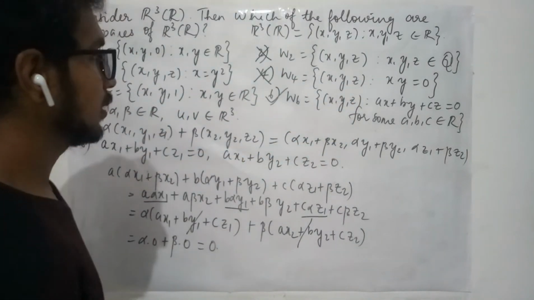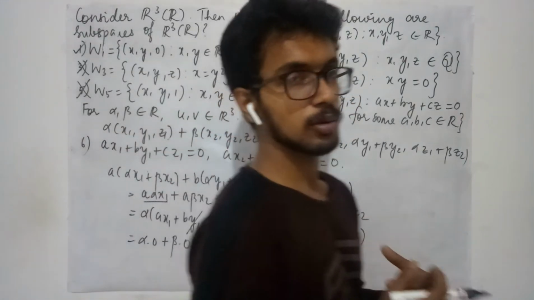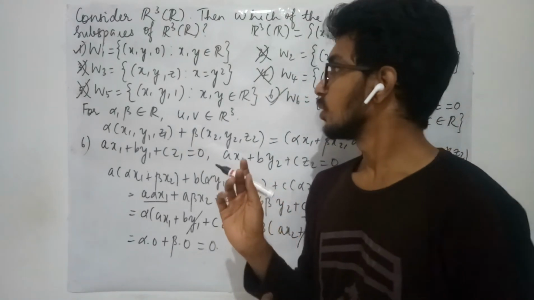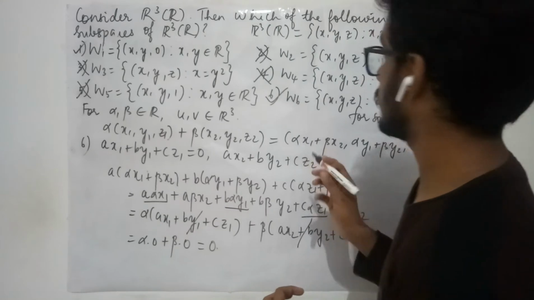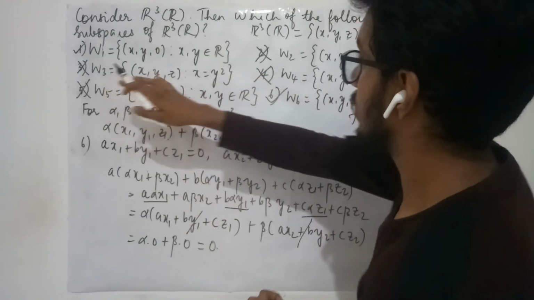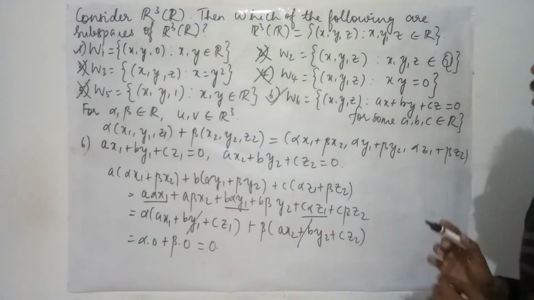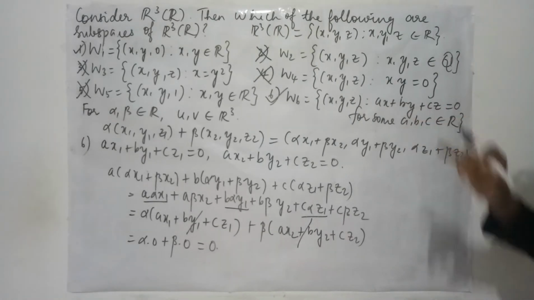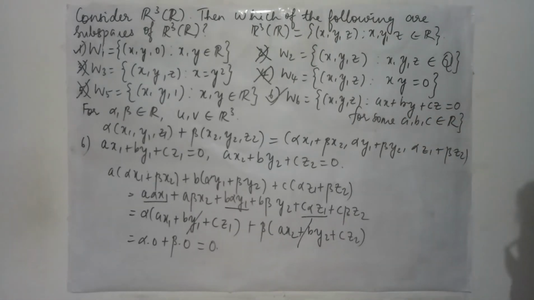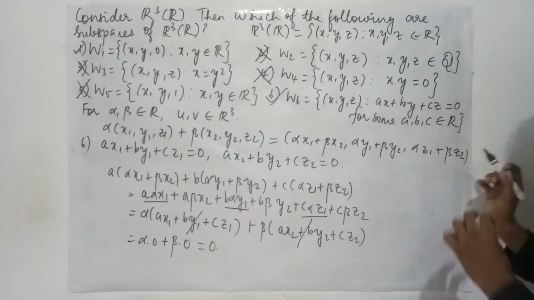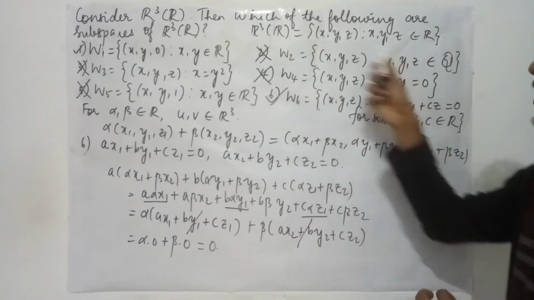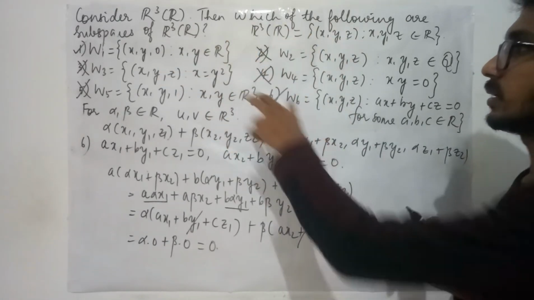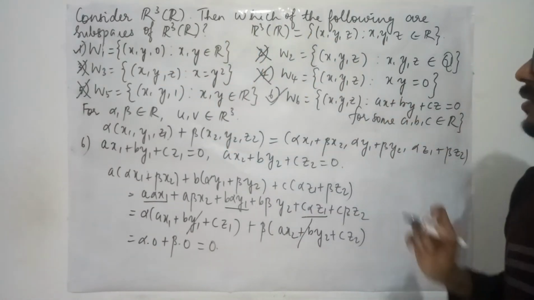Here let us have a close look at these examples and let us try to remark something. You just see W3 and W4. Here you may notice something, and look at this. Here also you may notice something, because here they have just made something over here, but here they have given some conditions.